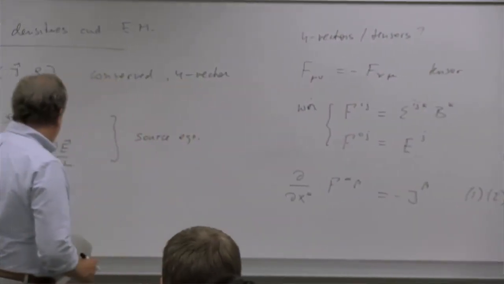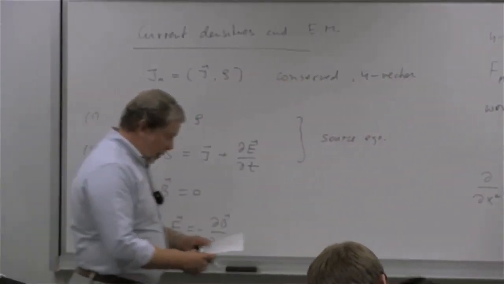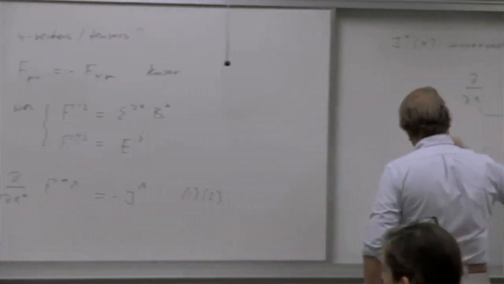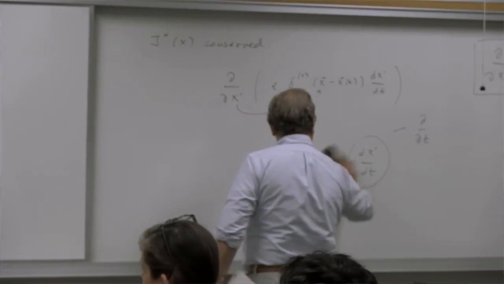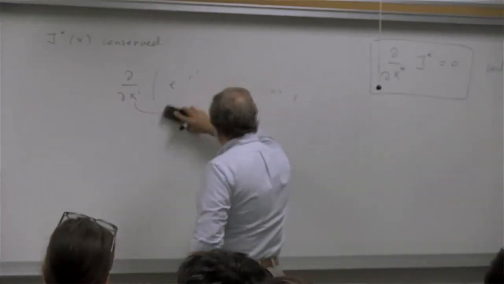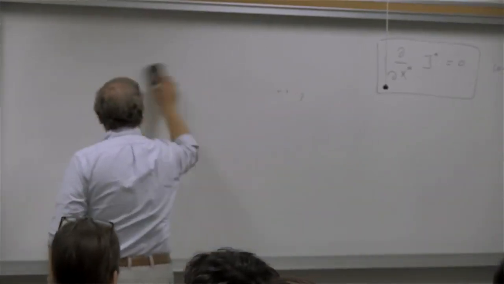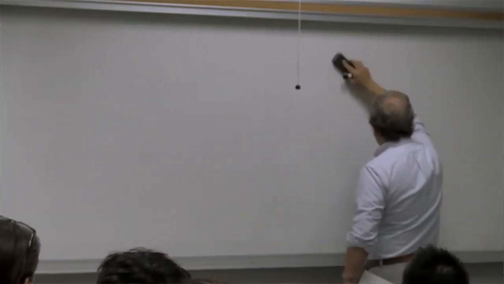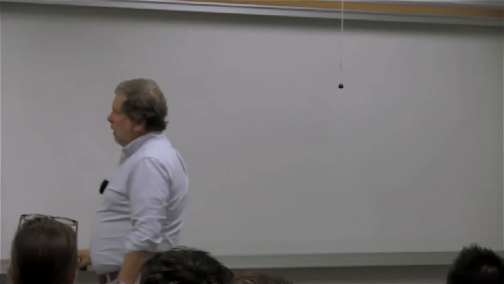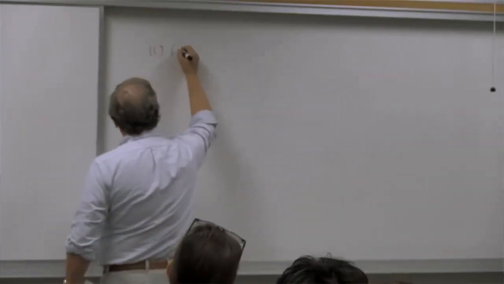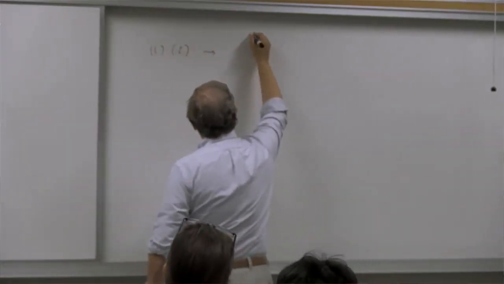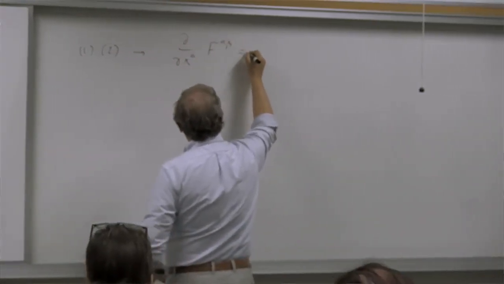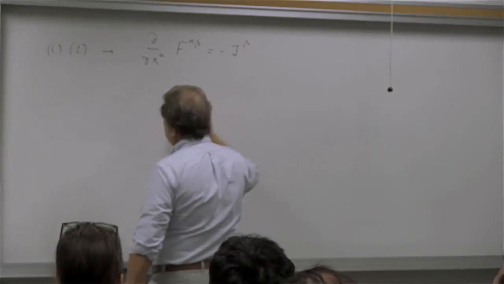So these are the source equations. And what about these other equations here? Let me write it out over on this side. So 1 and 2 give d by dx^alpha of F^{alpha beta} is equal to minus j^beta.